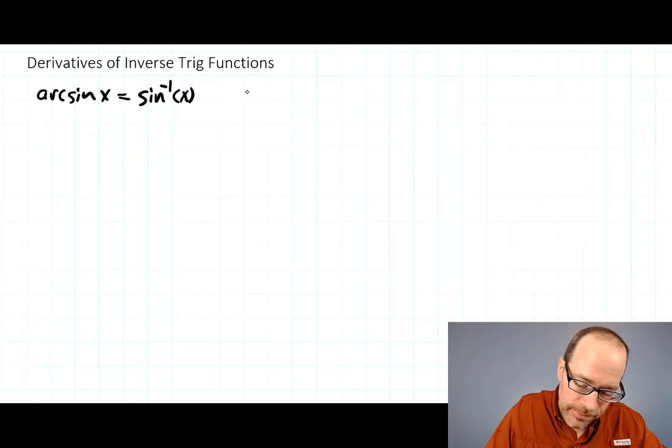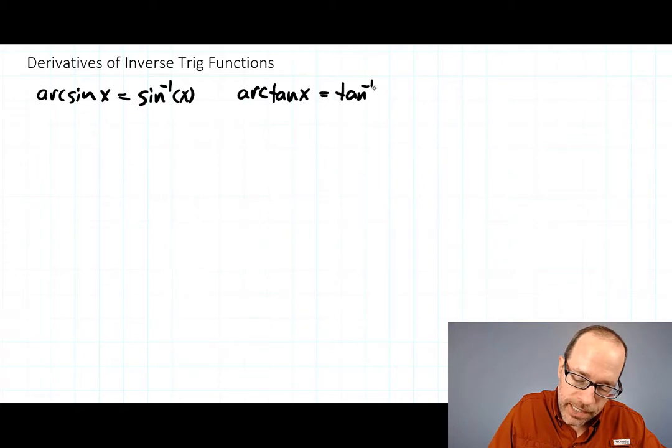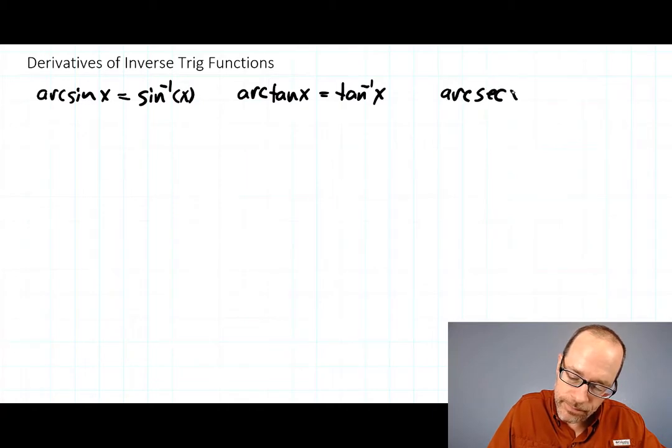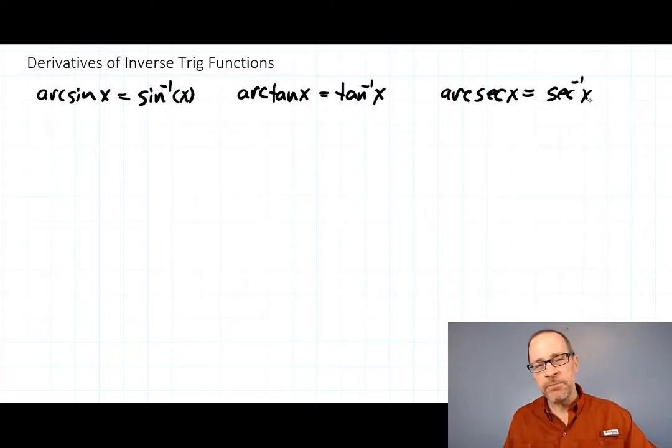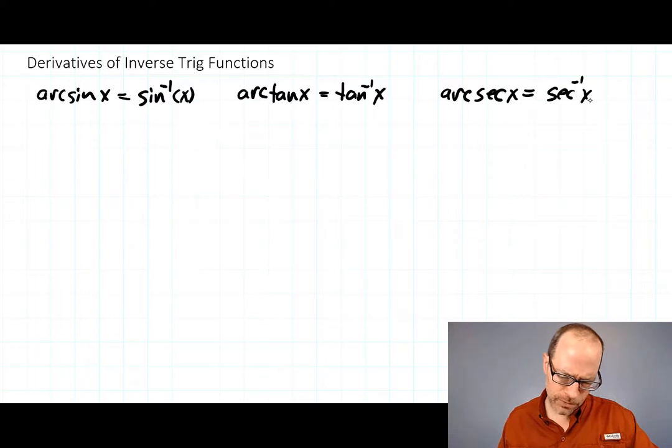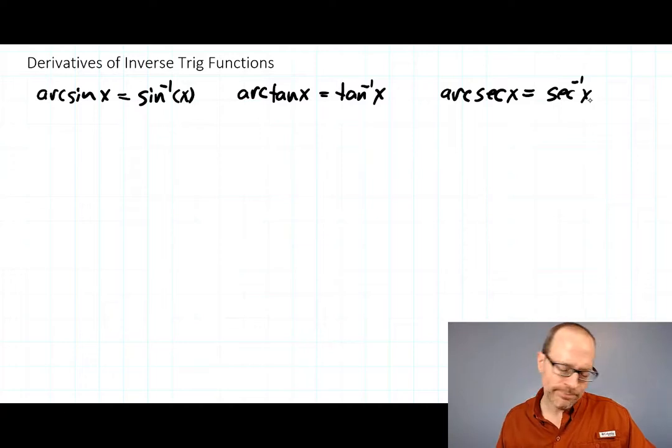Similarly, there's arc tangent, which can also be written as the inverse tangent function, and the arc secant function, that can also be written as the secant inverse of x. I tend to use the arc sine, even though it's longer, because that minus 1 power can be confusing, whether someone means the inverse function or a negative 1 power.